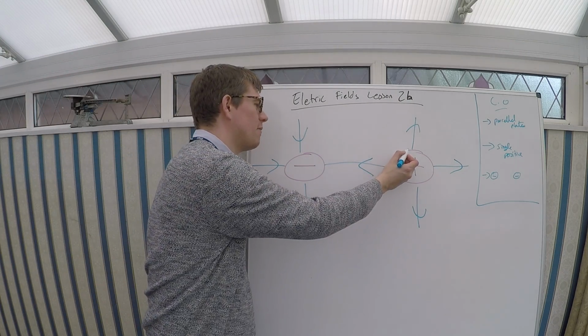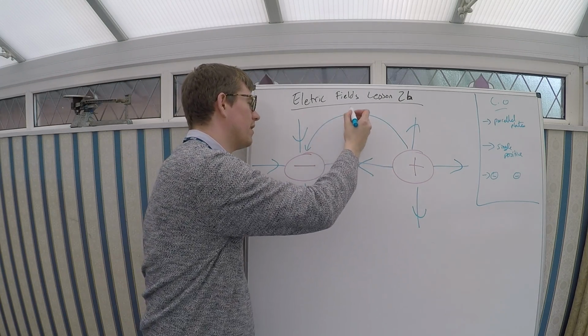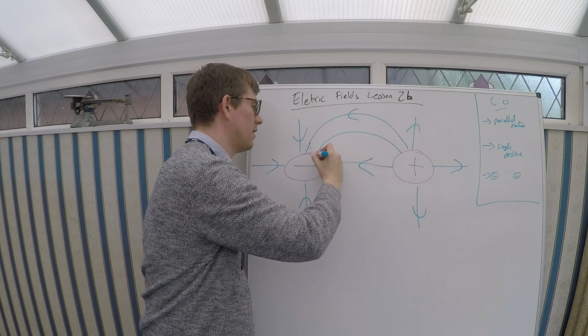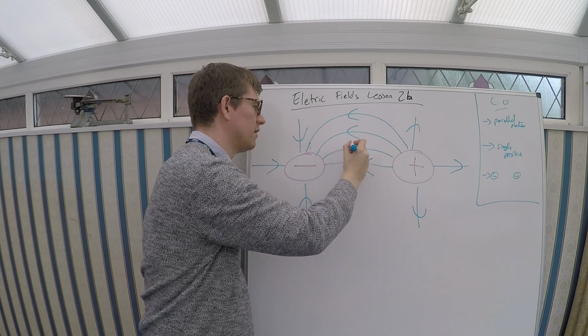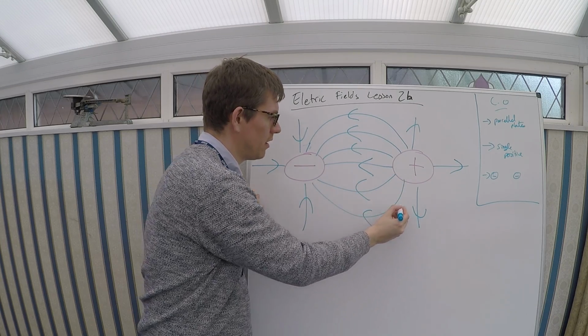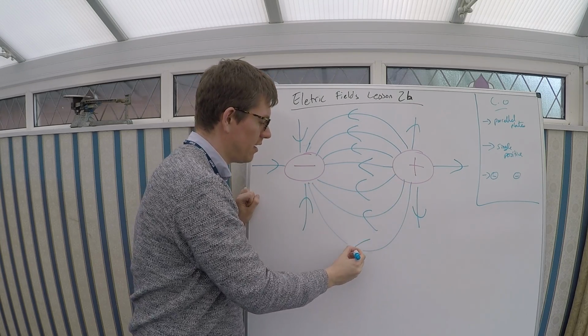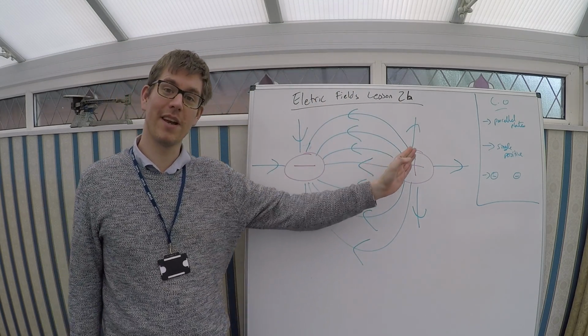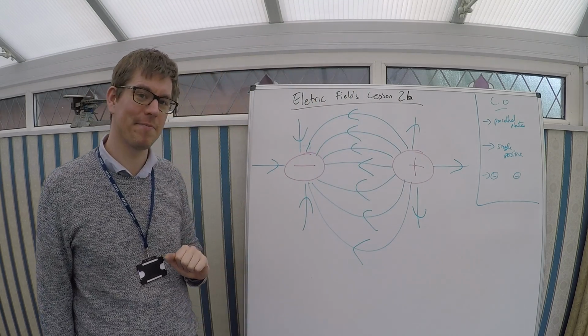So what you're going to end up with are looping lines that look like this. And similarly here, like that. And so these are the field lines between a positive and a negative charge.